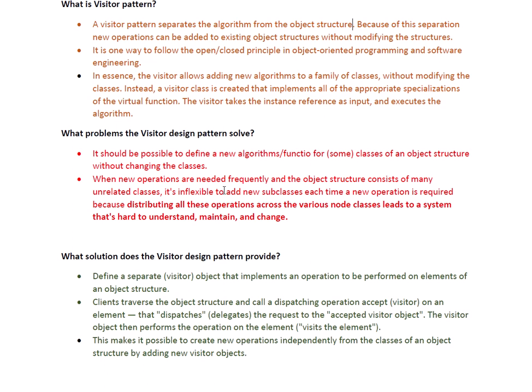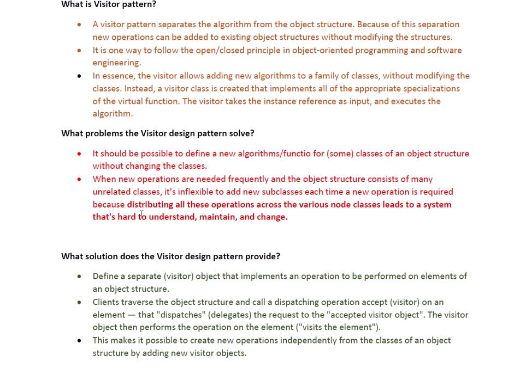When new operations are needed frequently and the object structure consists of many unrelated classes. Always remember, object structure over here is a kind of collection which contains a mixture of objects, which are not homogeneous in nature. The objects are completely unrelated, but you want to provide some functionality to them.